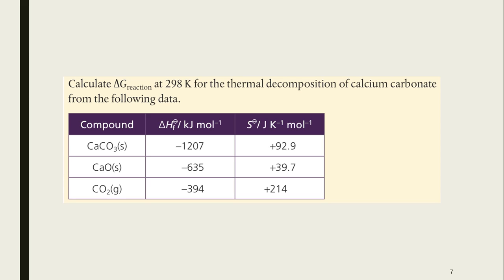We're not given the Gibbs free energy of formation values, so we're not going to do products minus reactants using those, but we are going to use delta G equals delta H minus T delta S.